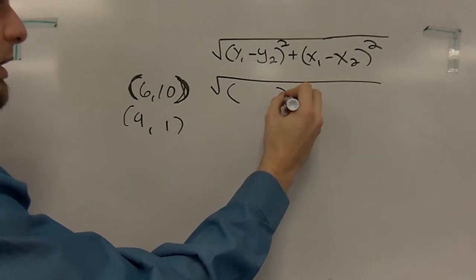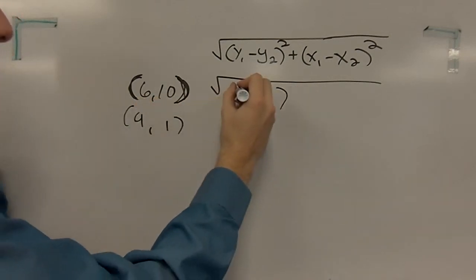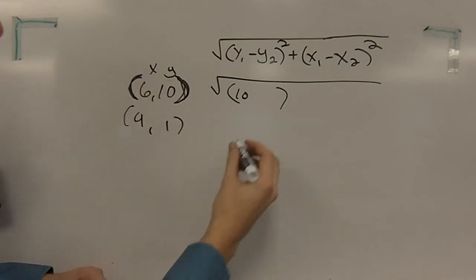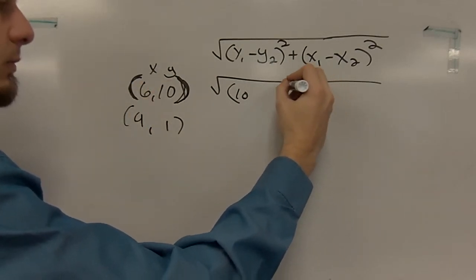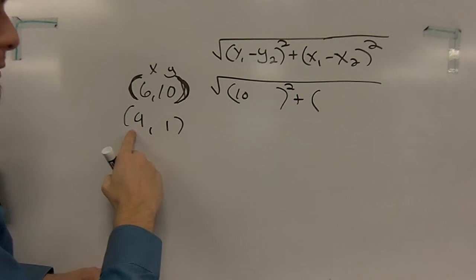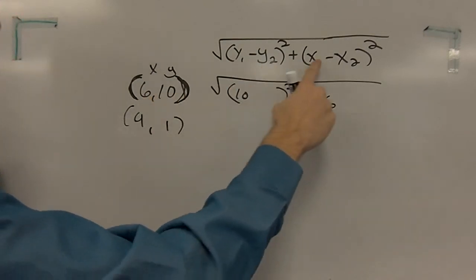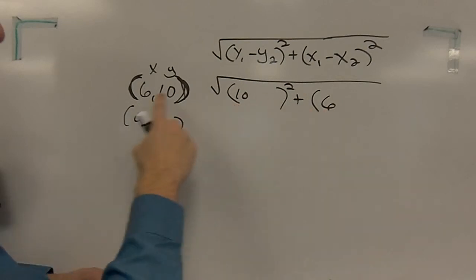In place of y1, I will put 10, because again, here's my y coordinates, here's my x coordinates. In place of x1, I'm going to put 6. The ones come from the same ordered pair, 10 and 6.